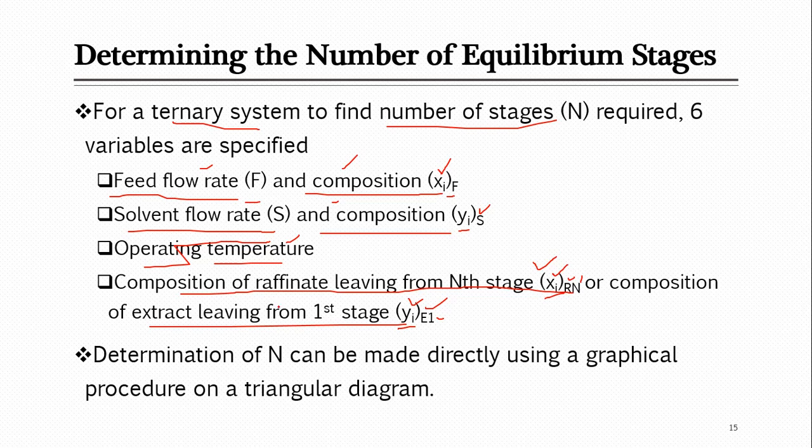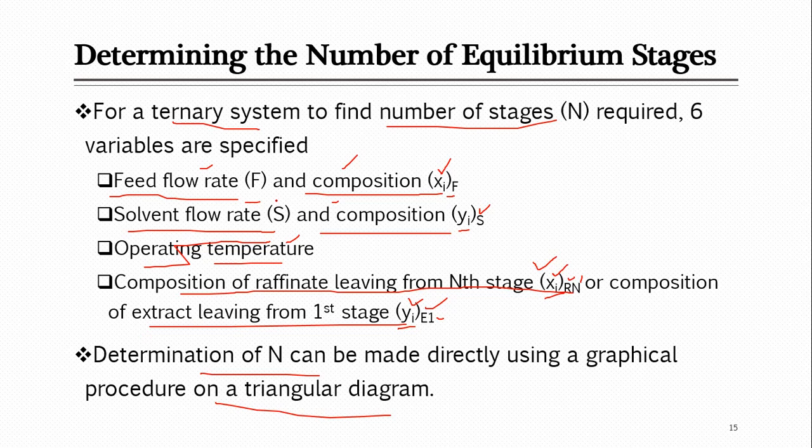So when these 6 main parameters are known, you can determine the number of stages required for some specific purity or this main extraction using the triangular diagram. You can also use some other parameters which are given. Sometimes you can skip the solvent flow rate.